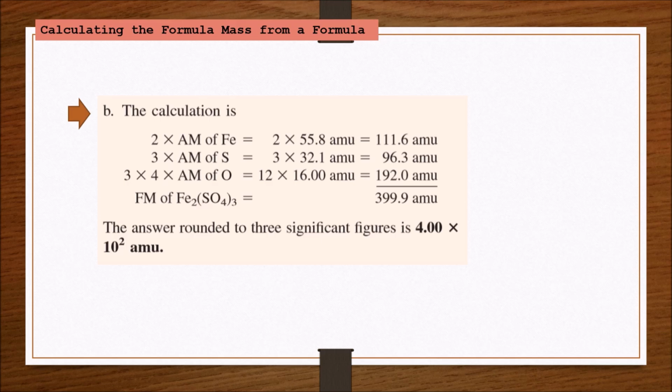For sulfur, you'll have 3 times 32.1. For oxygen, you'll have 12 times 16 AMU. You simply add all of the atomic weights, and you will have a formula weight of iron sulfate of 399.1. And then you round it to three significant figures, and you will have 4.00 times 10 to the 2 AMU.